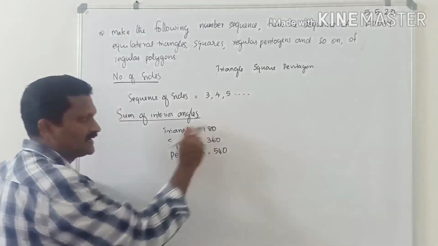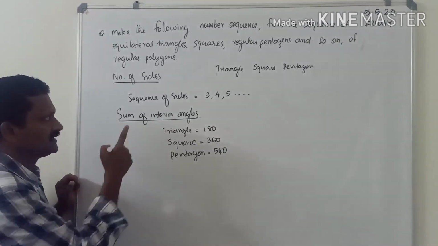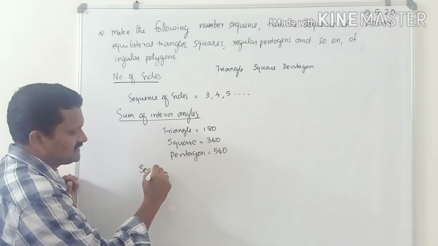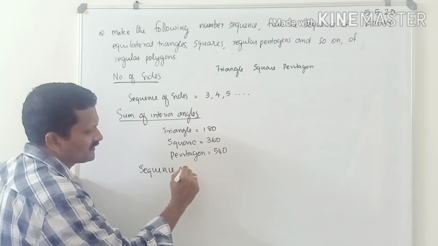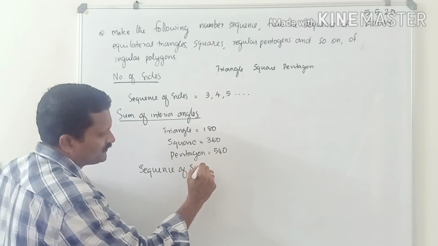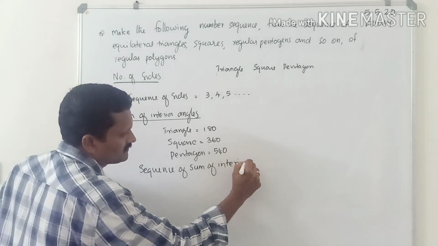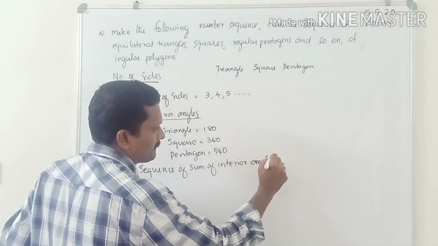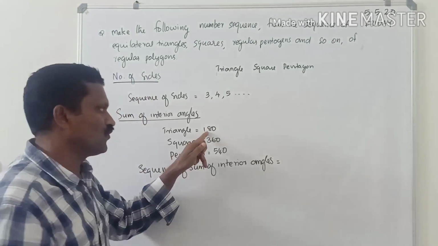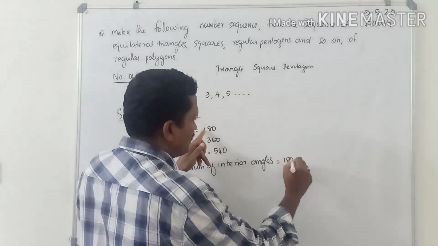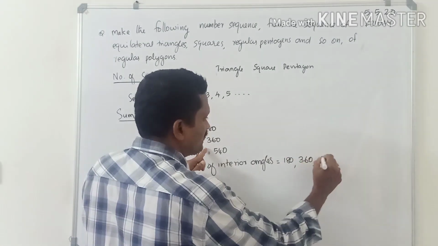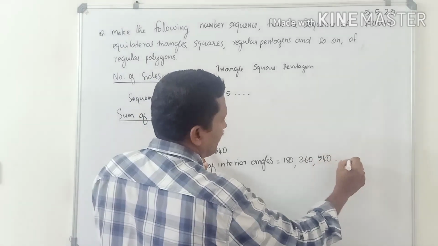It was already studied in 9th standard. Therefore, the sequence of sum of interior angles is 180, 360, 540, etc.